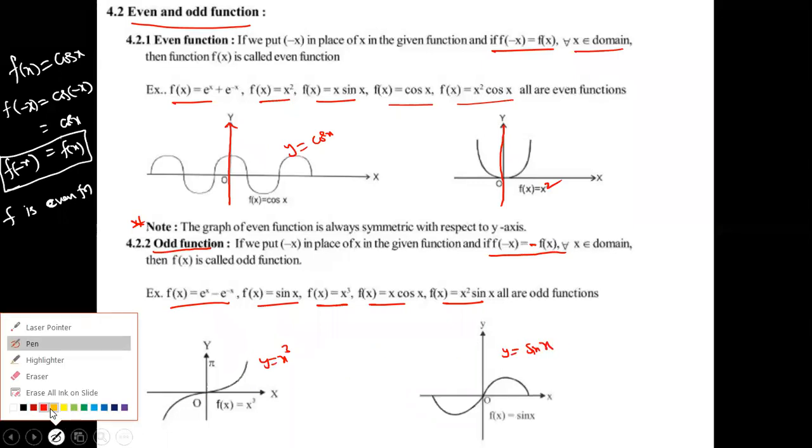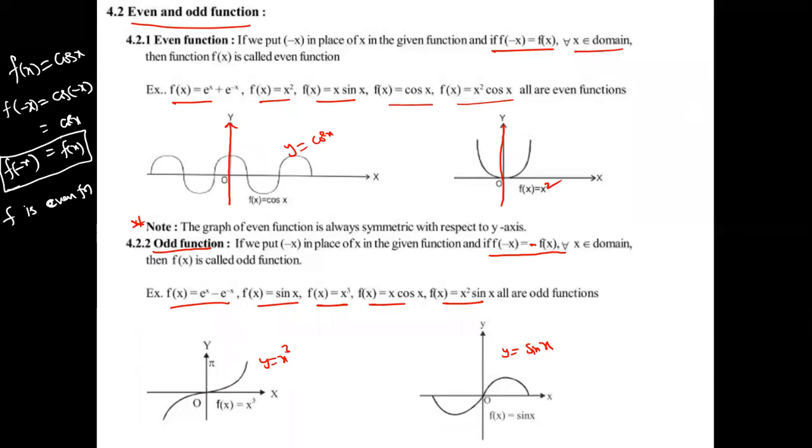Let us see whether it is correct or wrong. Take any one example. For example, y is equal to sin x. Replace x by minus x; you should understand that y is f of x. f of minus x is equal to sine of minus x. Sine of minus theta, by the trigonometric property, is minus sine x, which is minus f of x.